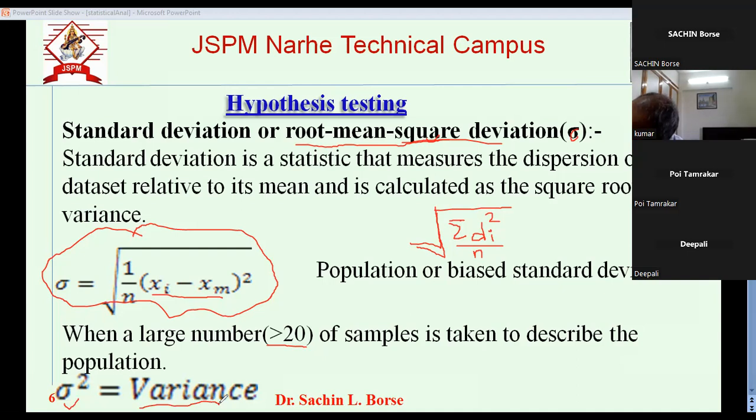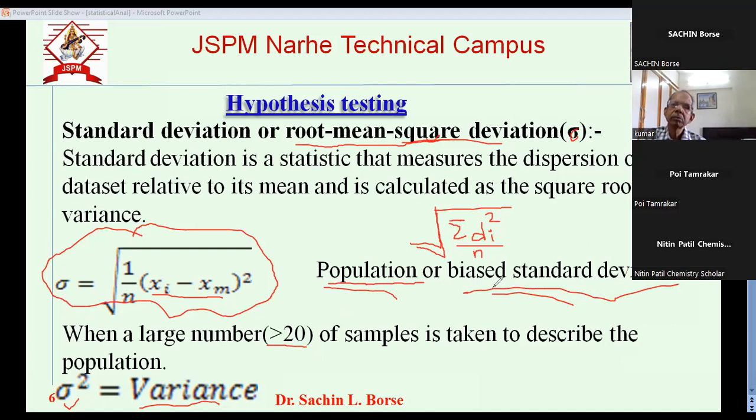So there are two standard deviations. One is called population or biased standard deviation, which is applicable for a very large number of readings. Please understand, when we study something, the numbers can be very huge.